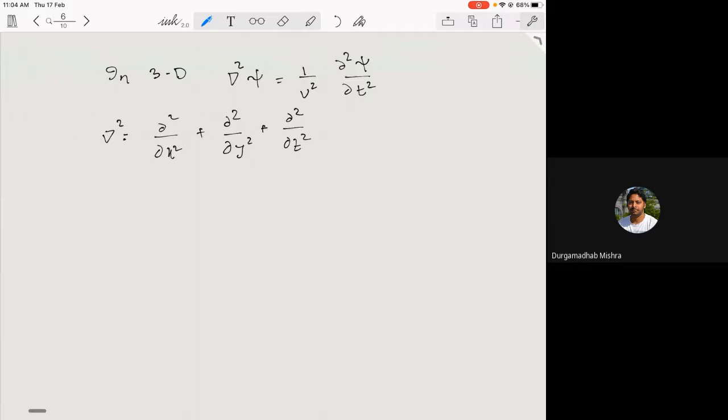And v is your velocity, which is also related to the permittivity and permeability of the material. So v is velocity, and the right hand side is how the wave propagates as a function of time.